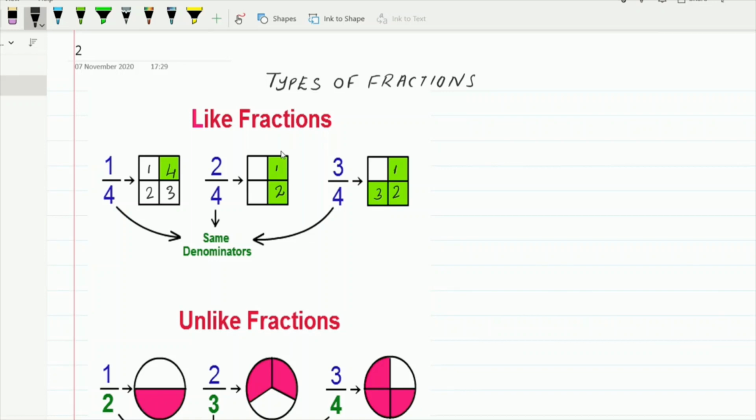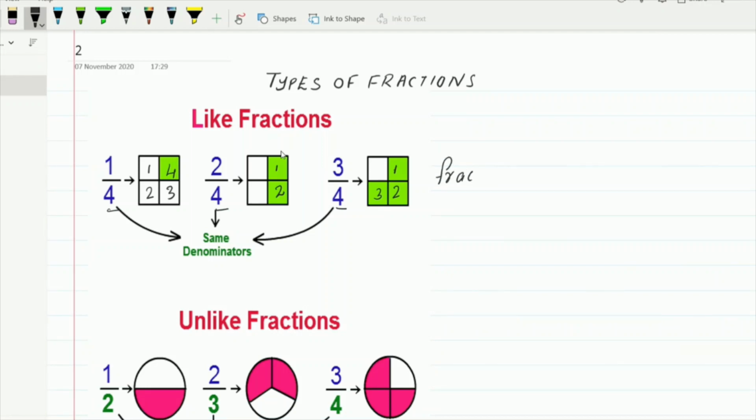Since the figure is divided into the same number of equal parts, the denominator is the same. Here the denominator is 4. In this case the denominator is 4. Here also the denominator is 4. Therefore we can say fractions with the same denominator are called like fractions.